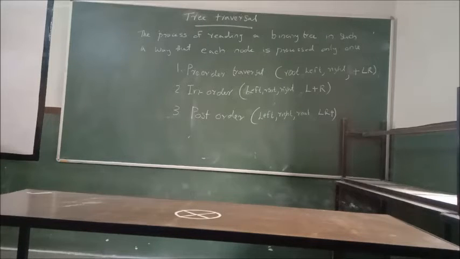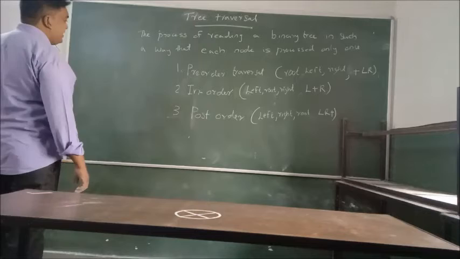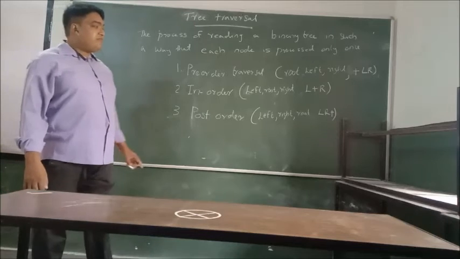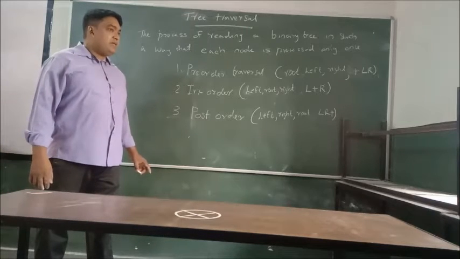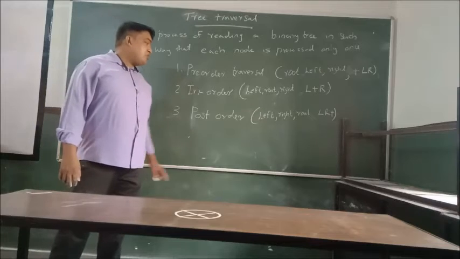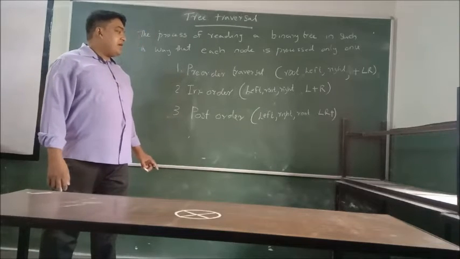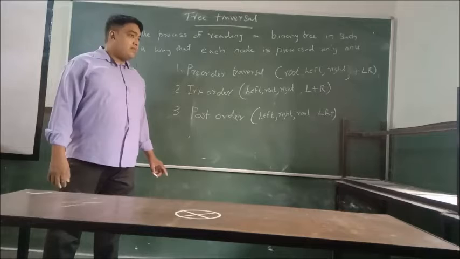The symbolic representation is plus L R, where plus stands for the root, L stands for left, and R stands for the right node. In the case of in-order, we have left root right, that is L plus R. And in the case of post-order, left right root, that is L R plus.